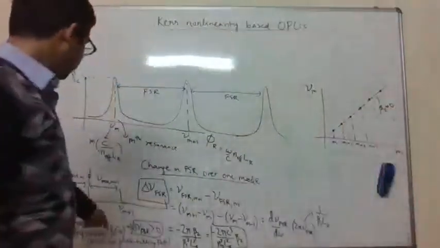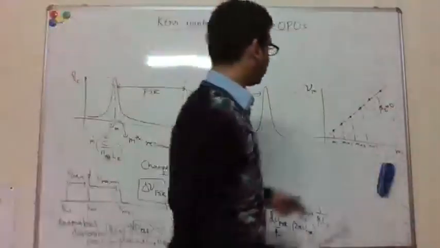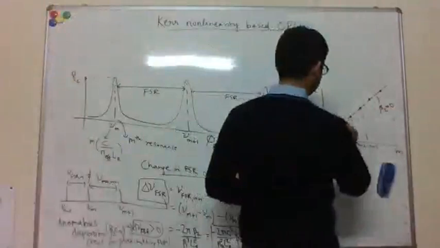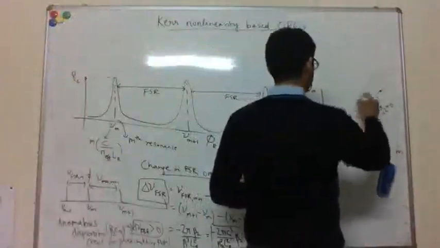For anomalous GVD, what happens? The FSR is actually increasing with mode number or frequency. So this becomes like a parabola like that.